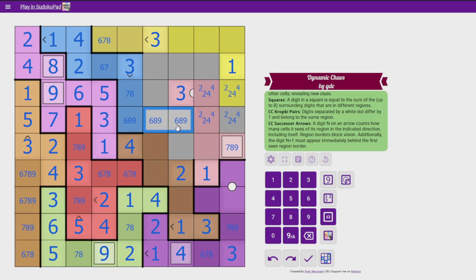That's a 6, 8, 9 triple. That is a 7 or an 8. Now what? Can that be a 5? It could. 5 is in one of these 3 cells. Don't know which.